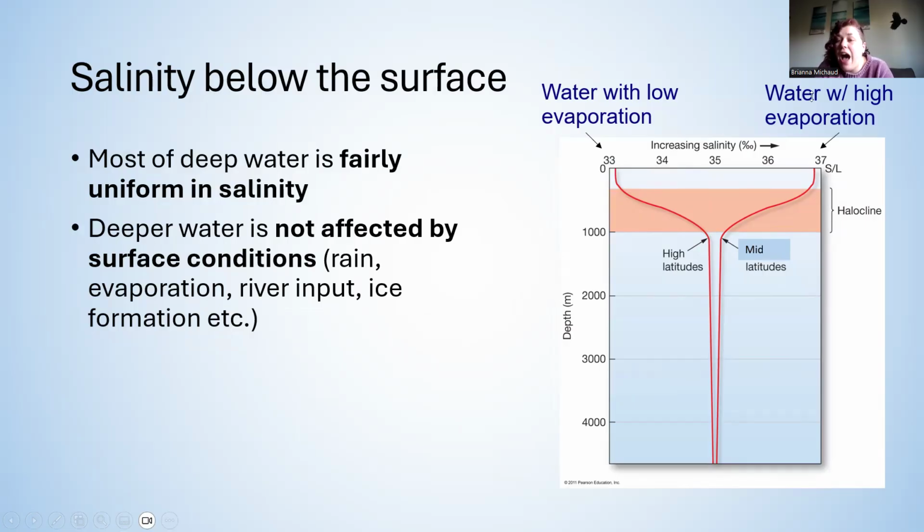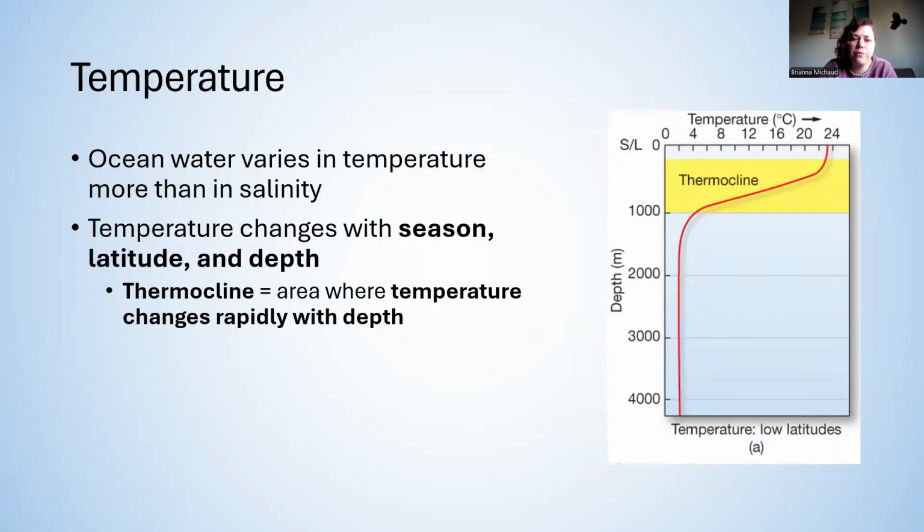In an area with high evaporation, it was a little saltier at the surface before decreasing to get to 35. In an area with low evaporation, or maybe a lot of precipitation, a lot of fresh water being put in, the salinity was a little bit lower and then increased to 35 parts per thousand as depth increased. But in the deep ocean, it's pretty much right around 35 parts per thousand. That's how you interpret these depth profiles.